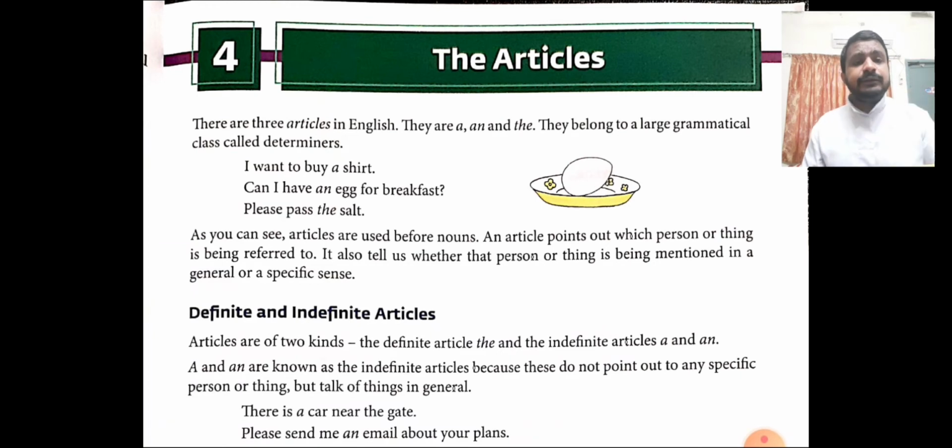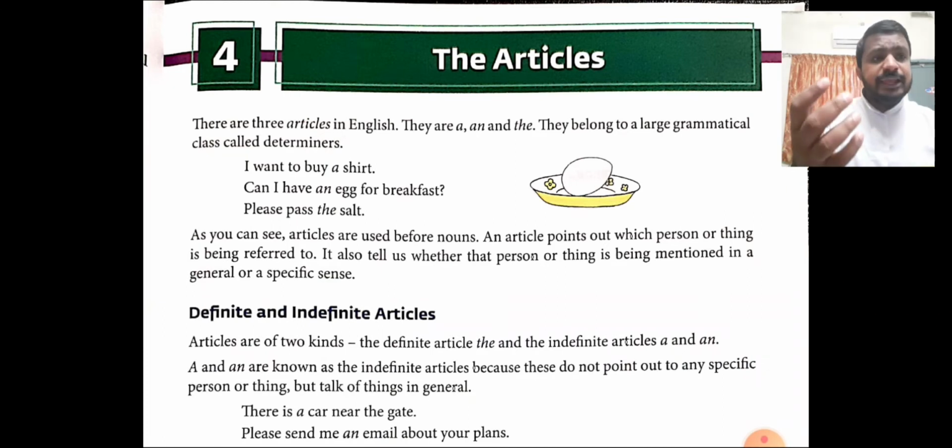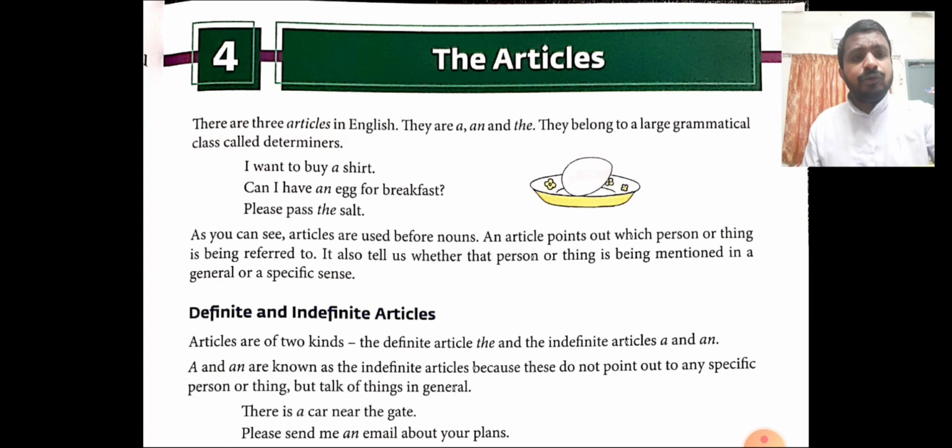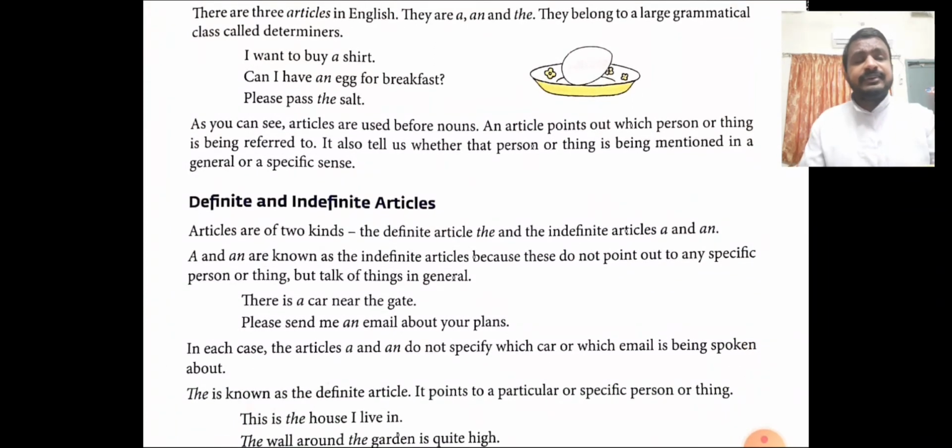Please send me an email about your plan. An email, there is no mention about which email you need to send. An email it is being told. So here, as the name stands, indefinite articles point out the things that are in general. They never tell about some specific person or thing.